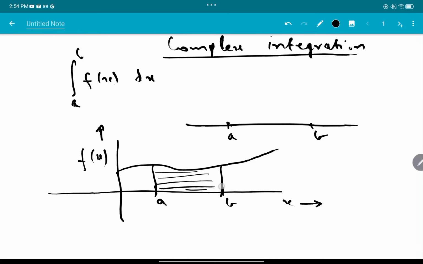And this is so simple because f(x) is the altitude or the height, and dx is a small length. So f(x) dx is the area of this small rectangle. When we divide this area into these small rectangles and sum them all, we get this.